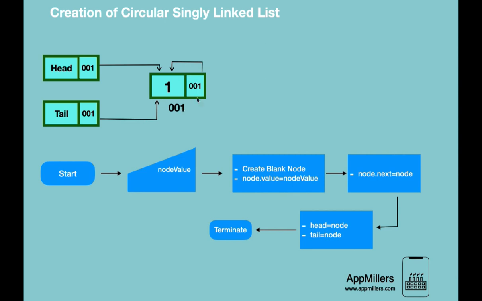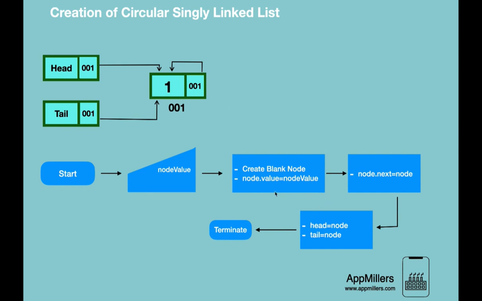That's why it has to reference itself. Then we set head to this node and tail to this node. As you see, the reference of head over here is 001 and the reference of tail over here is 001, which means that both head and tail reference this node, because we have only one node in our circular single linked list.